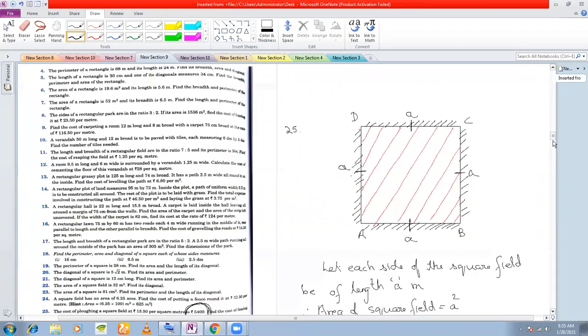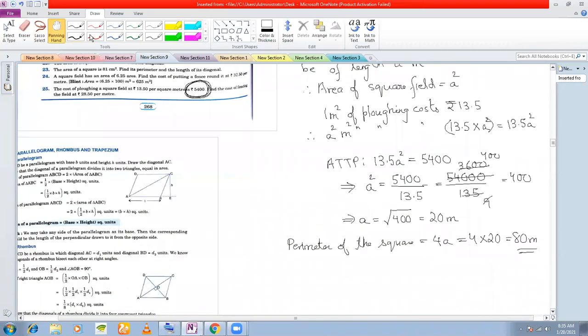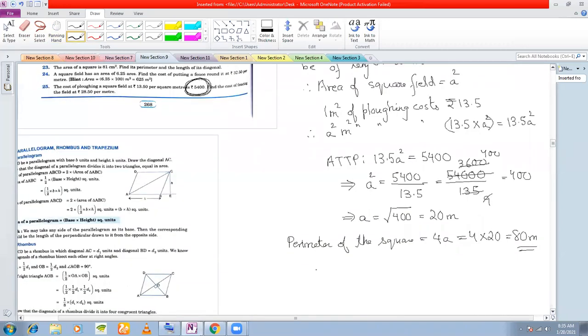And what is the cost of fencing? The cost of fencing is 28.5 per meter. So 1 meter of fencing costs how much? Rupees 28.5. Therefore 80 meter of fencing costs 28.5 into 80.